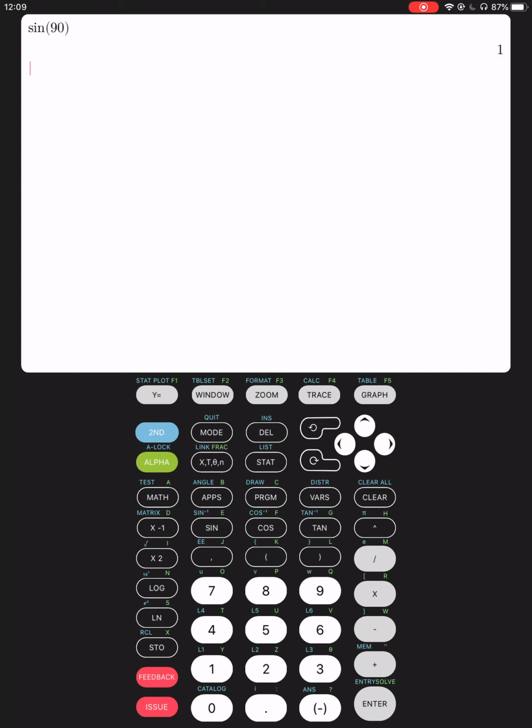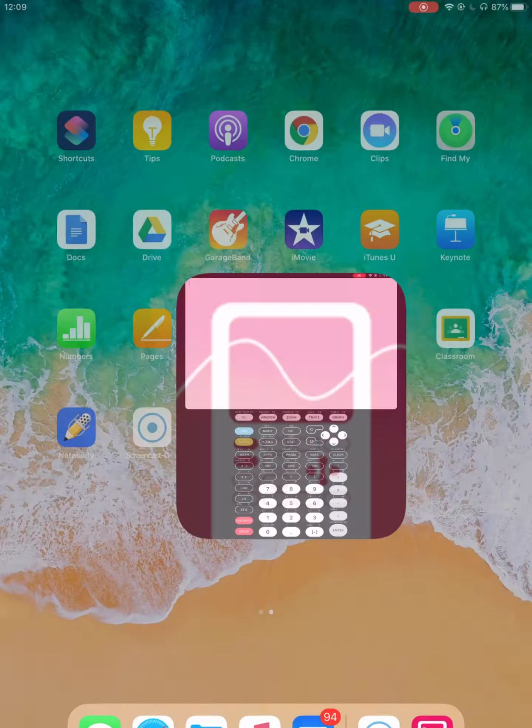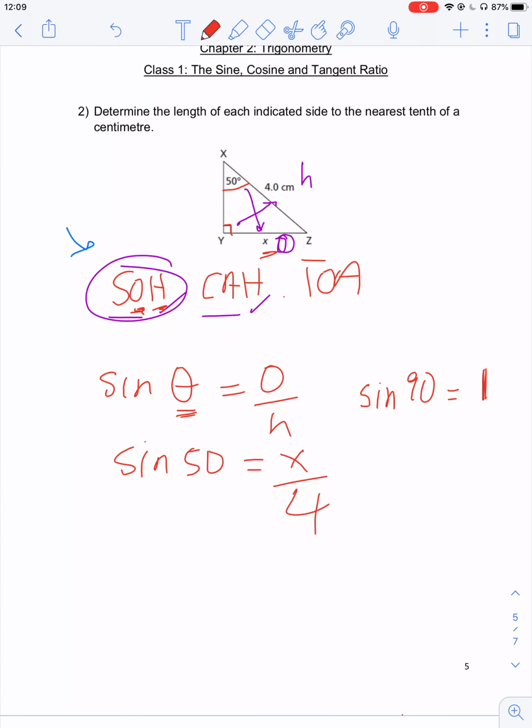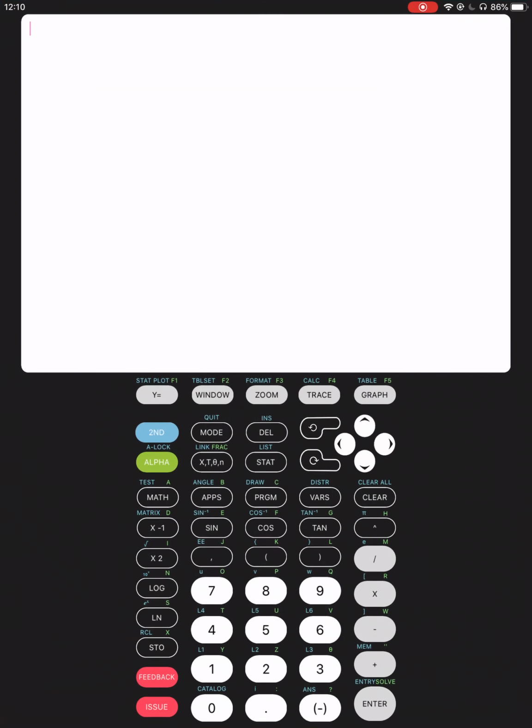There are two different modes, and you will understand when to use which mode in grade 12. But for now, just stick with degree mode. So this is a way to check if you're in degree mode or not. Another way to check is to simply use your calculator and see which mode you are in. If you bought the calculator that the school requested, this is what it will look like.